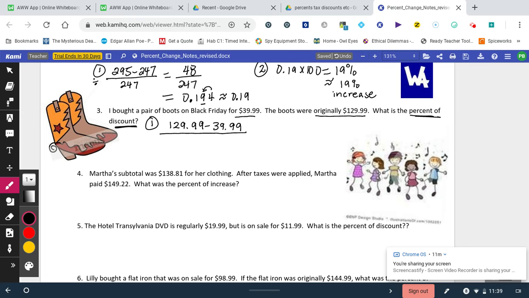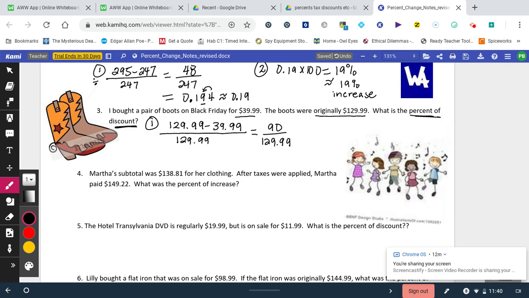Well, what was the original amount? The original amount of the boots was $129.99. Okay? So when you do $129.99 minus the $39.99, you get 90. Okay? So that's 90 divided by $129.99.